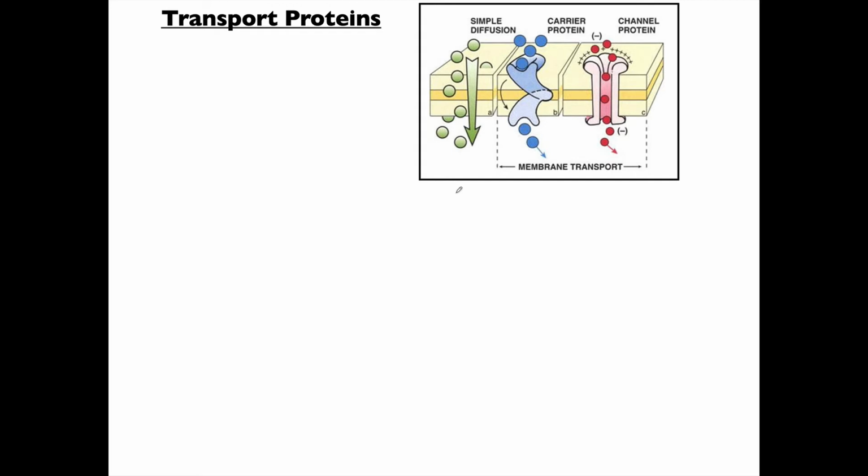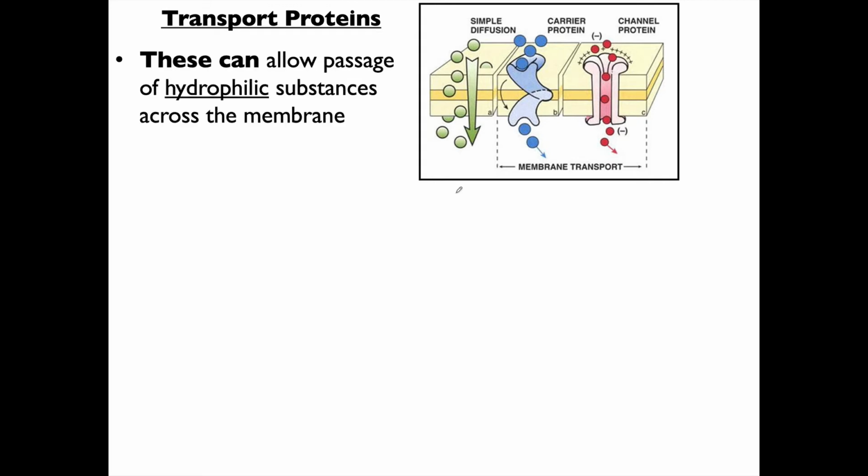Well, they're going to make use of what's called a transport protein. So those big protein blobs that we said were embedded in the membrane that allowed some things through and other things not to go through, they're going to be a big helper in that effort. They will allow passage of hydrophilic substances, of things that like water. So for example, these red molecules here are going to pass through this channel because otherwise they couldn't get in.